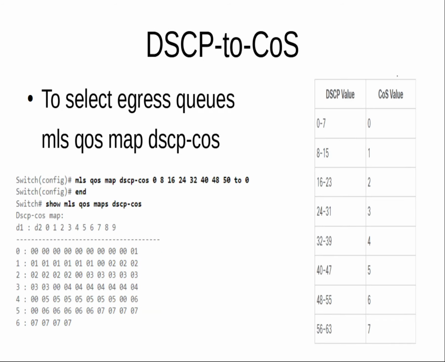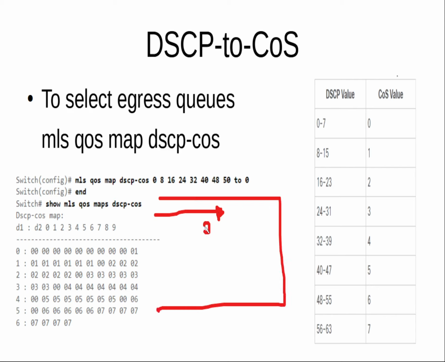Now, when your traffic is actually entering the egress part of your process within your switch, you need an internal CoS value. That is going to be the result of an internal DSCP value.